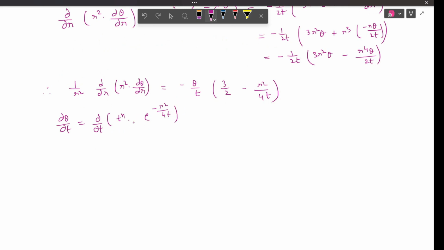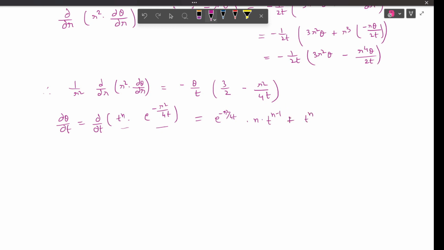Now we are differentiating partially with respect to t, that means r is constant. In this case we have to apply the u into v rule. So let us keep e to the power minus r square by 4t as it is. T to the power n differentiation is n into t to the power n minus 1.